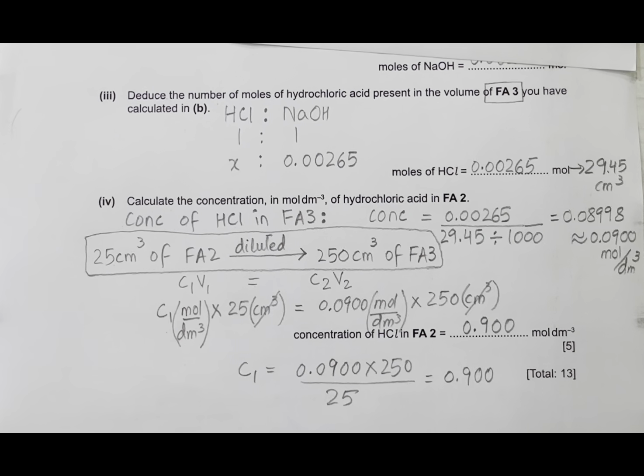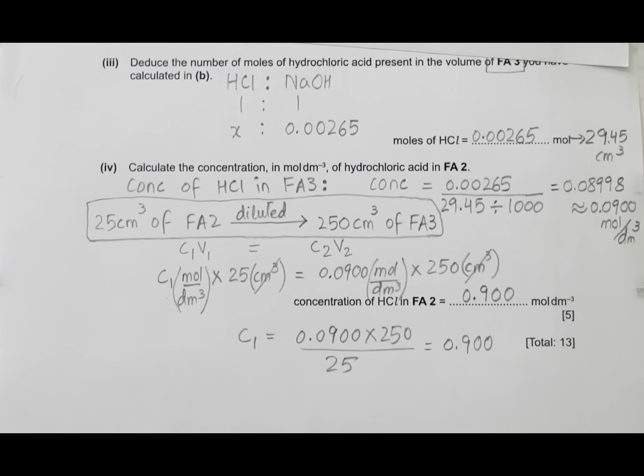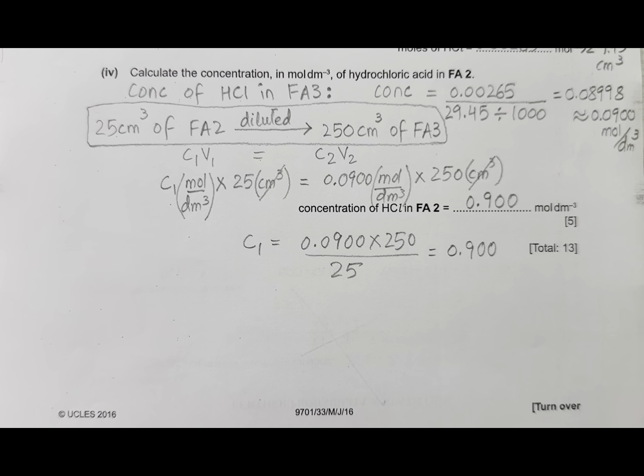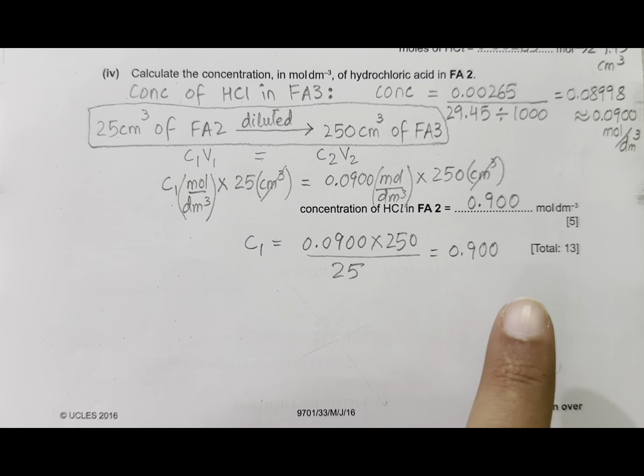So this is the calculation of dilution with the titration involved. So here we come to an end of 13 marks. So this was the acid-base titration involving dilution and the 13 marks question from May-June 16 variant 3.3.